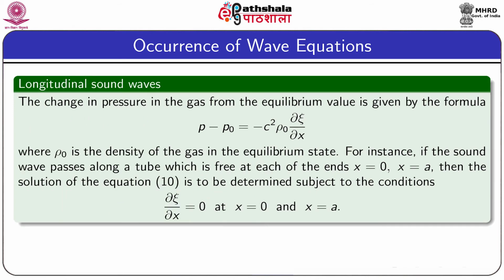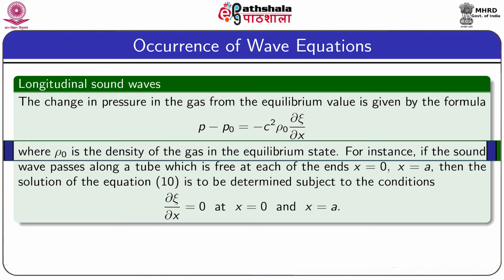Now, in this problem, the change in pressure can be written by the formula P minus P0, where P0 is the value of the pressure in the equilibrium state, is equal to minus c square rho 0 del xi/del x, where rho 0 is the density of the gas in the equilibrium state.